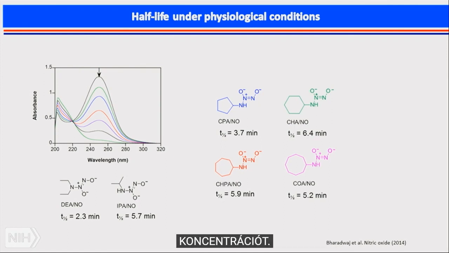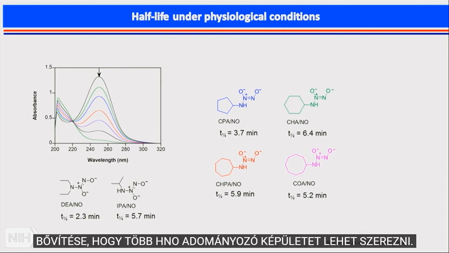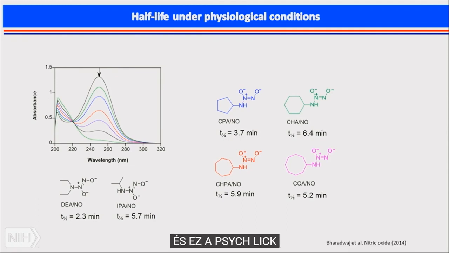We were also interested in expanding the library of primary amine-based diazeniumdiolates so we could get more HNO donating compounds. In this effort, we used cyclic primary amine molecules.